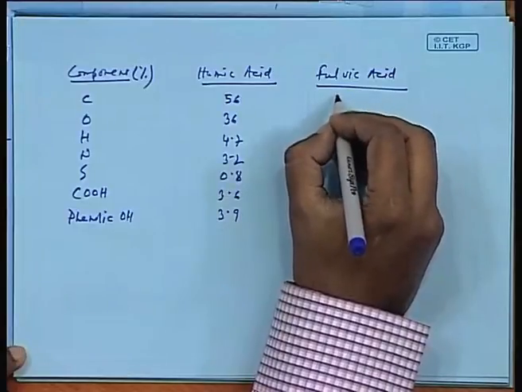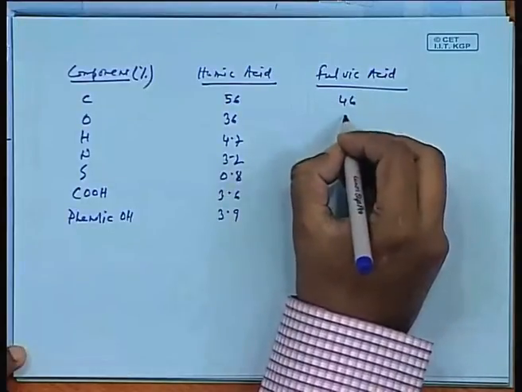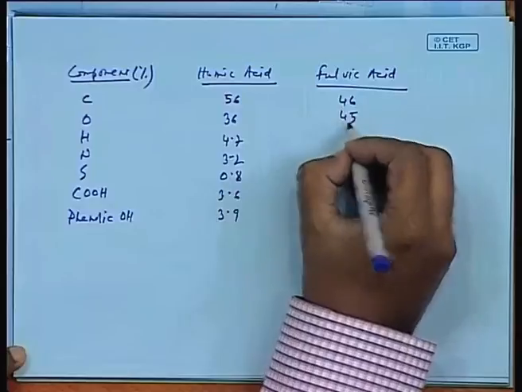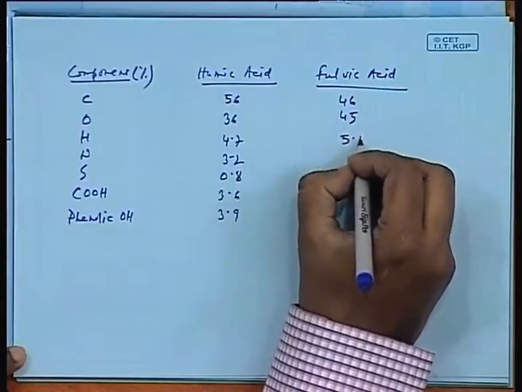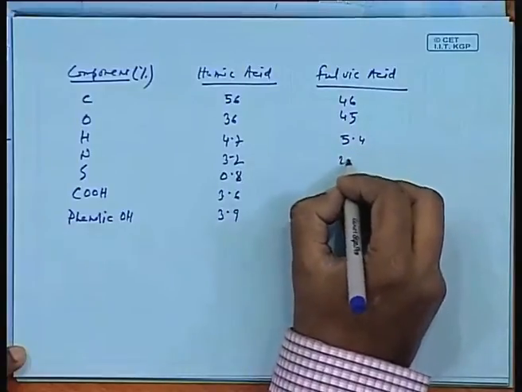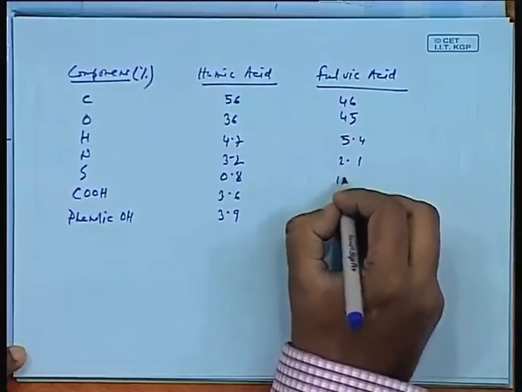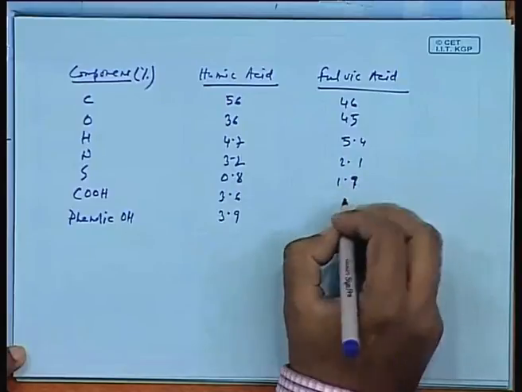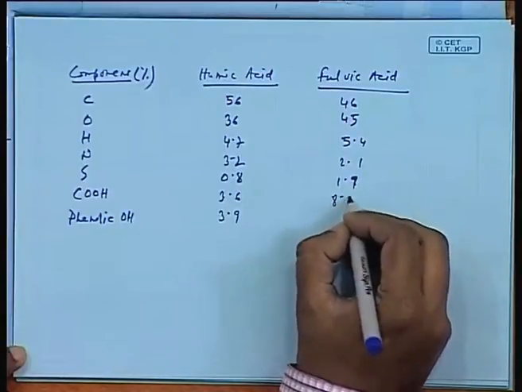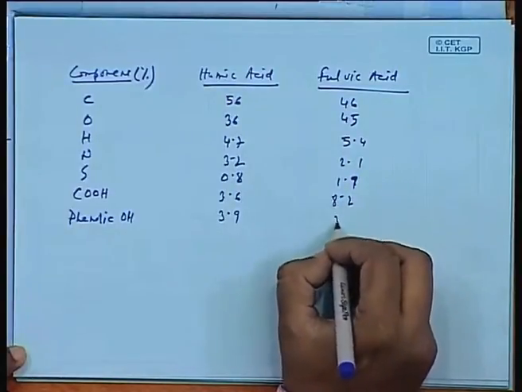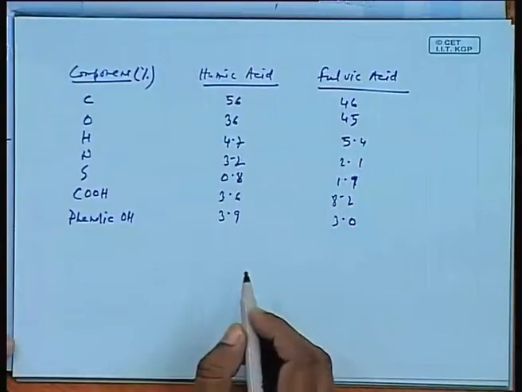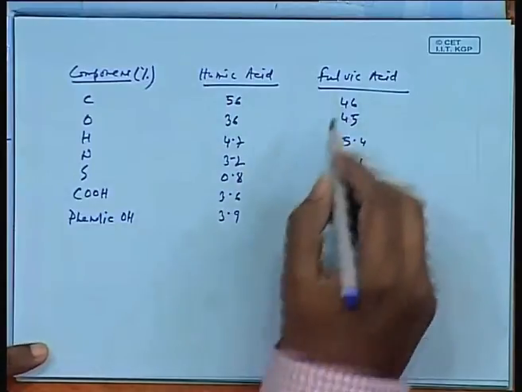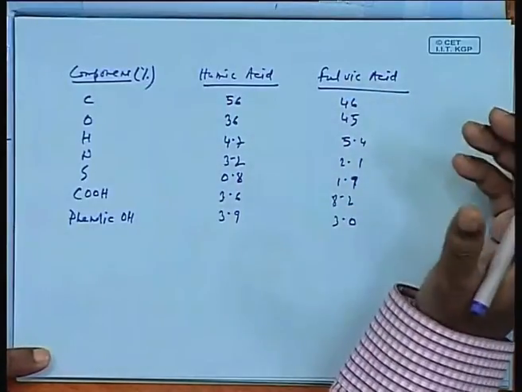Here you can see 46, 45, 5.4, 2.1, 1.9, 1.9, 8.2. Just to give an idea about the chemical composition of these acids.